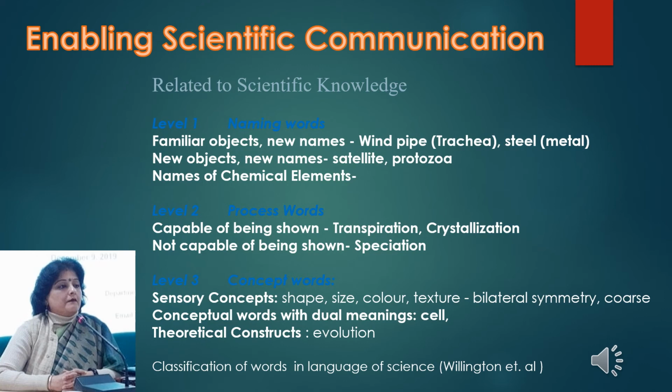Level 2 is the category of process words. Again, process words could be of two kinds. One are those which are capable of being shown in the laboratory maybe. For example, transpiration, crystallization. We can see these in daily life also. If not possible in daily life, we can at least see them in the laboratory. The second category could be not capable of being shown. For example, speciation.